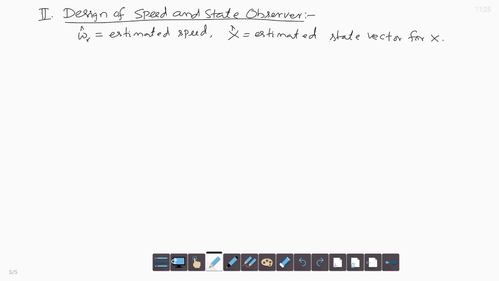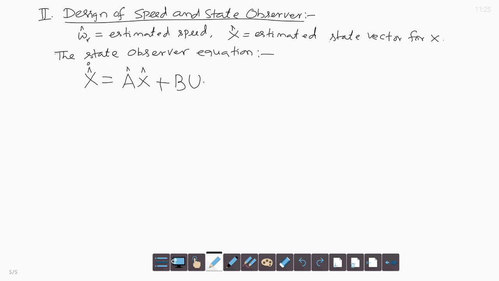So with that, the state observer equation is given by x hat dot equals A hat into x hat plus b into u plus g into y minus y hat.